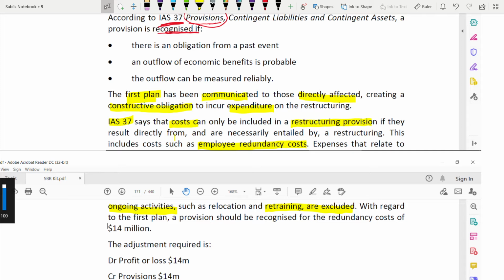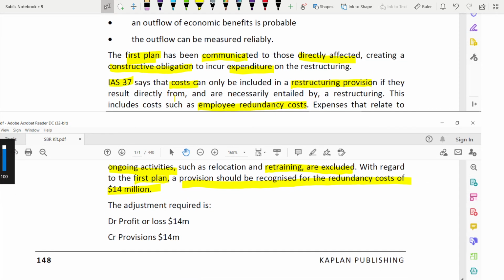There are 2 plans given here, so don't confuse the examiner by not making it clear which plan. If you see the answer clearly, regarding the first plan, a provision should be recognized for the redundancy cost of 14 million. What was the amount? 14 million. So provision should be recognized for this 14 million only, not the retraining cost.